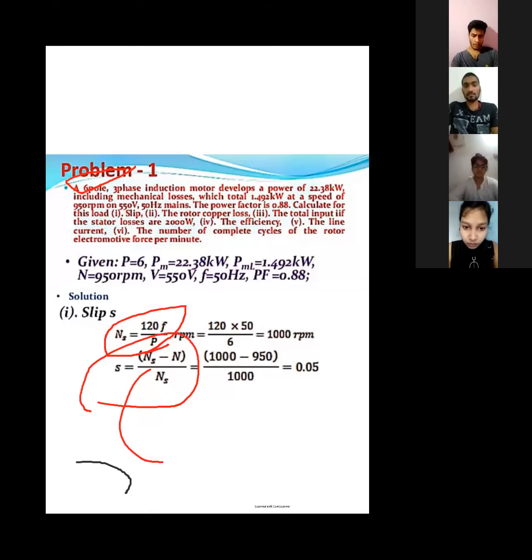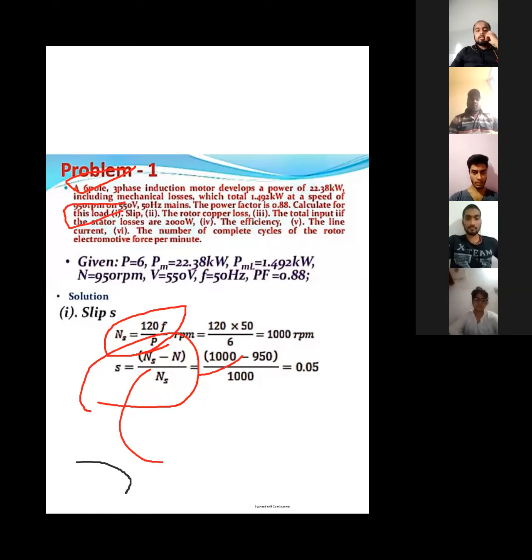Ns, the synchronous speed we have calculated, is 1000 rpm, and in the problem the speed of the rotor is given as 950 rpm. So 1000 minus 950 by 1000 is 0.05.